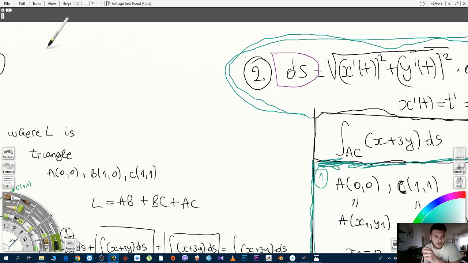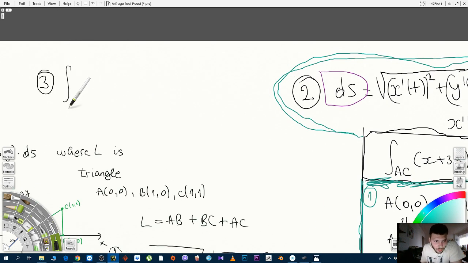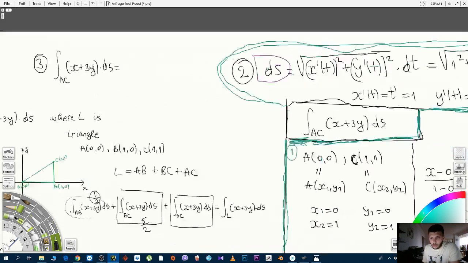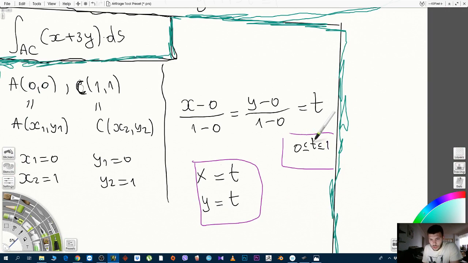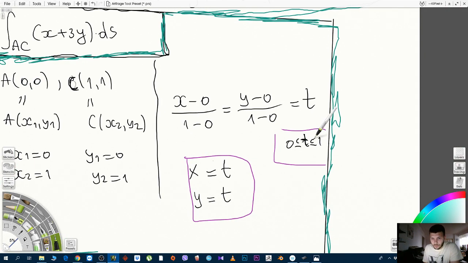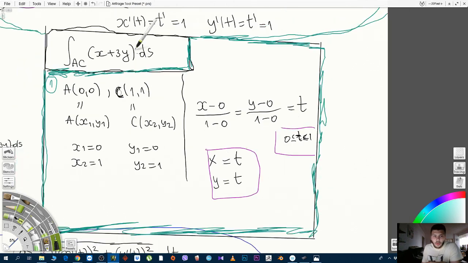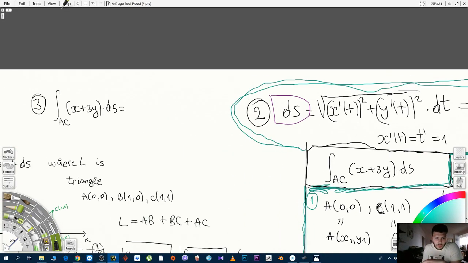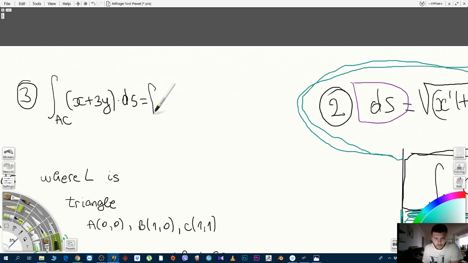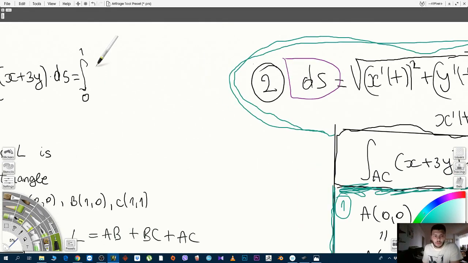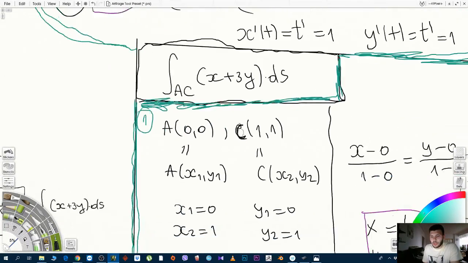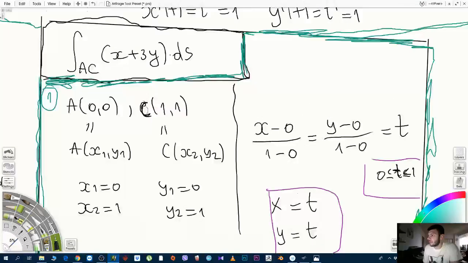The third step is just to plug in everything, and I will do that here. This was pretty tough. Integral from A to C of x plus 3y times ds is equal to ordinary integral from 0 to 1, t goes from 0 to 1. x is equal to t and y is equal to t also from here.